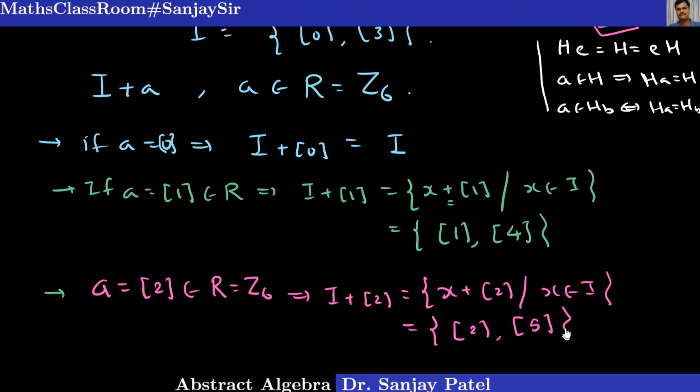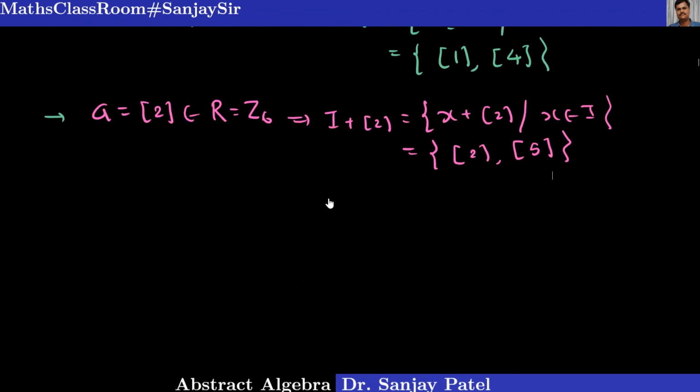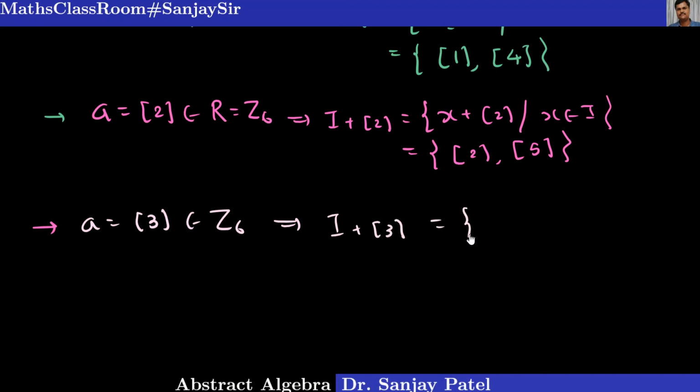So we get these two elements. Same way, if I take A is equal to class 3 belongs to Z6, then I plus class 3 is equal to I. Why? Because class 3 itself belongs to I. So I'm again using the result: if A belongs to H, then HA is equal to H. Here class 3 belongs to I, which is the given ideal. So this will be true.